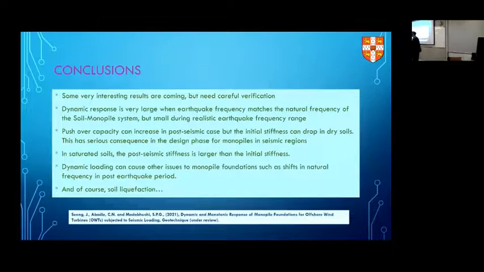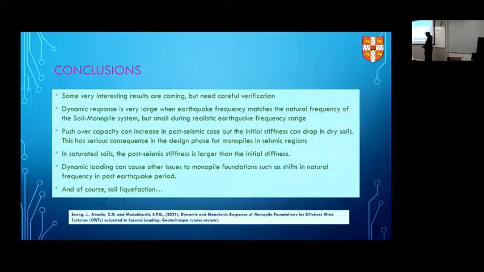So some very interesting results are coming, but of course, this is a very early stage. We are writing more papers and analyzing this data more carefully. But we are able to find the dynamic response for a very large earthquake frequency range. And we can also see what happens when your earthquakes hit exactly at the natural frequency of the system.